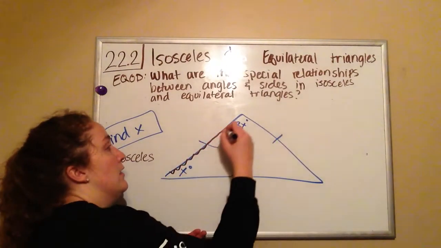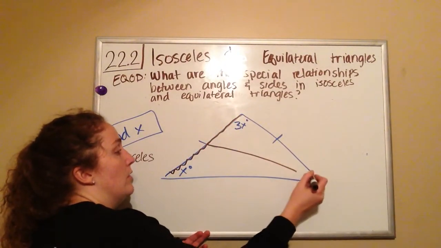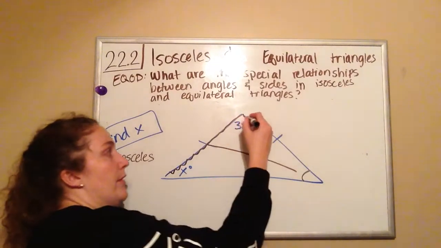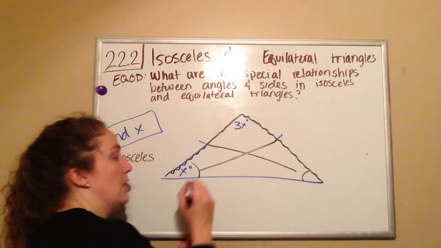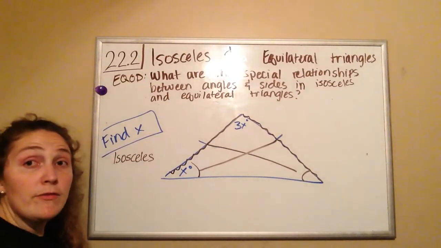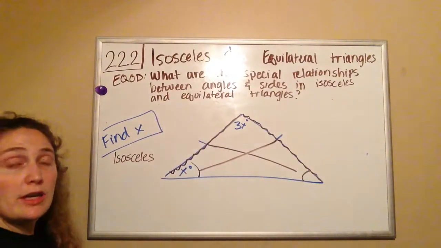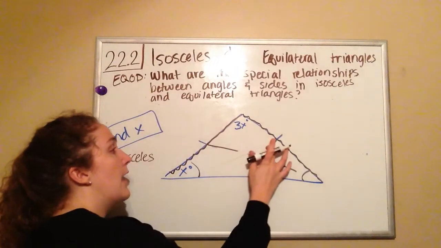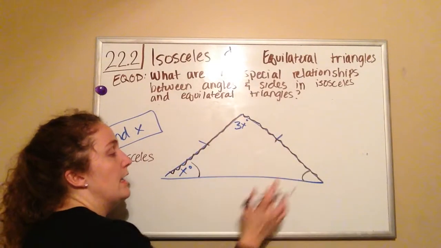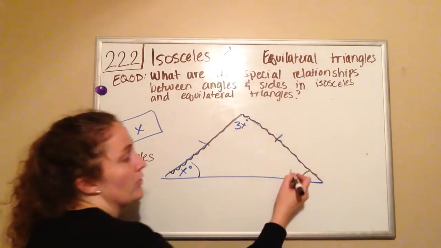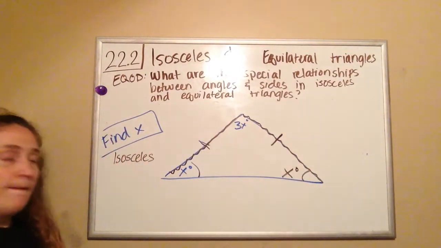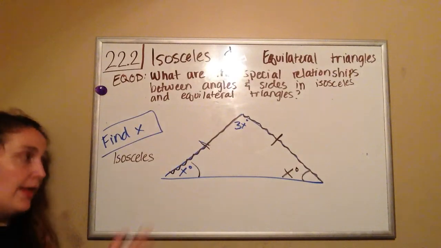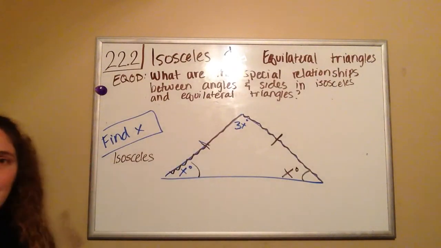This side corresponds to this angle. This side corresponds to this angle. What does that mean for me? Since those two sides are congruent, these two angles need to be congruent as well. Since this is x degrees, this is also x degrees. Now we also know that all three of these need to add up to 180.